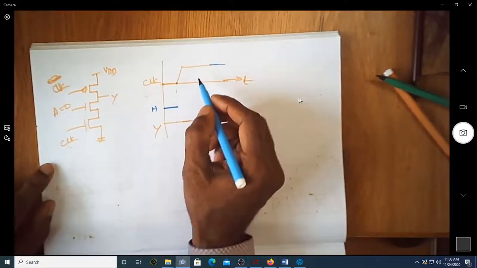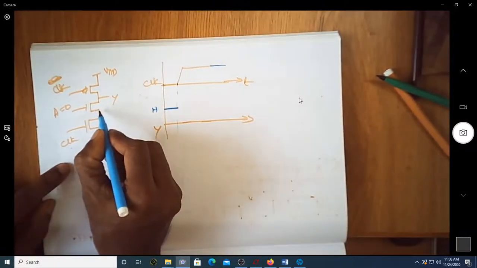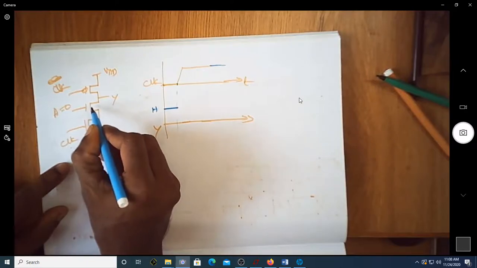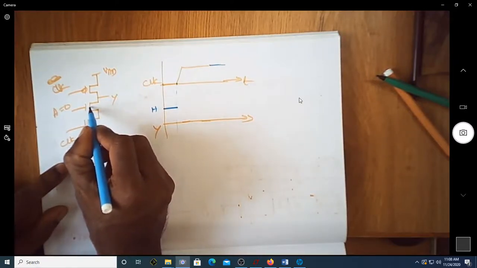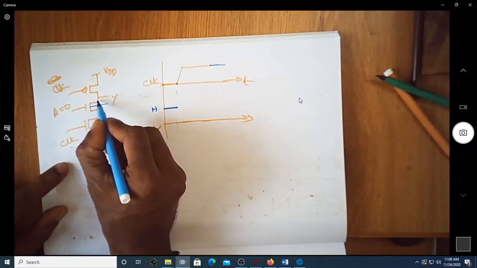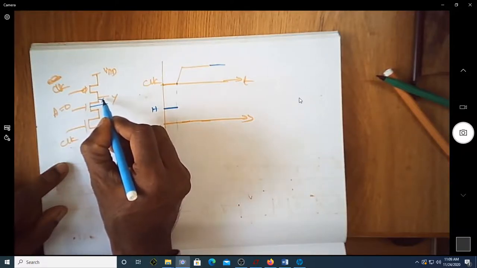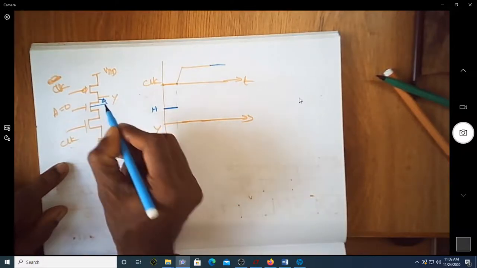Since it is high for a longer time, we know that this is an NMOS transistor, and the substrate is P. Can you just think of having a diode from this drain to source? Can you just think of having a diode of this type?